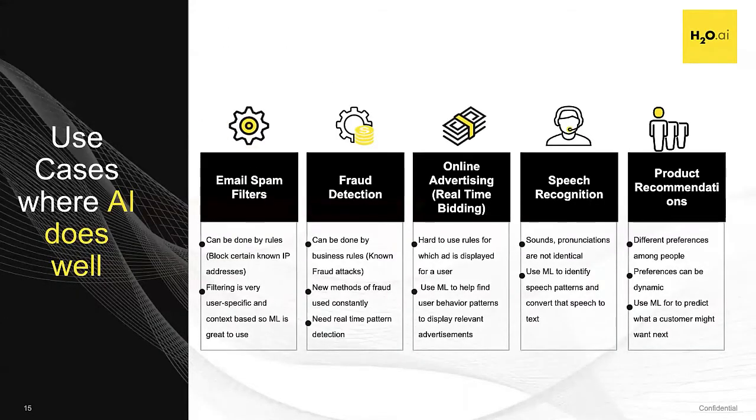These are a couple of examples that are pretty well established. We've talked about them, and you've probably seen them, or read about them, or have tried them for yourself. These are use cases where AI or machine learning does well.